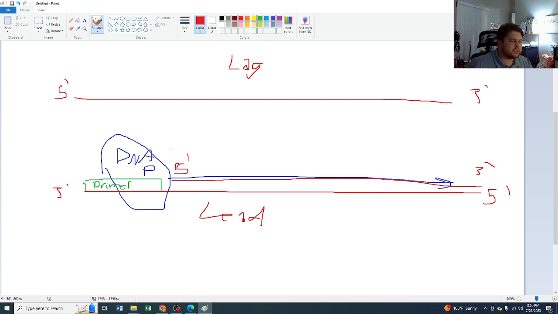The lagging end, because it has to go 5' to 3', we can't just do the same thing down this way.